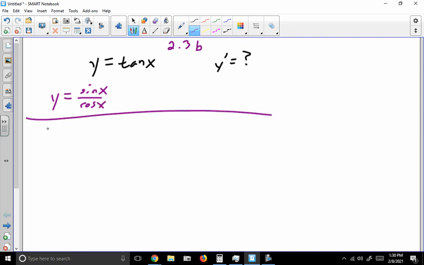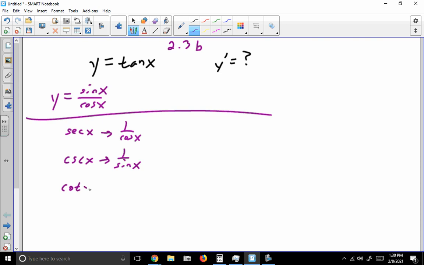If we want the derivative of, let's say, secant, secant is 1 over cosine. Now, this is not the derivative of secant, it's just that secant is related to cosine this way. Cosecant is equivalent to 1 over sine.